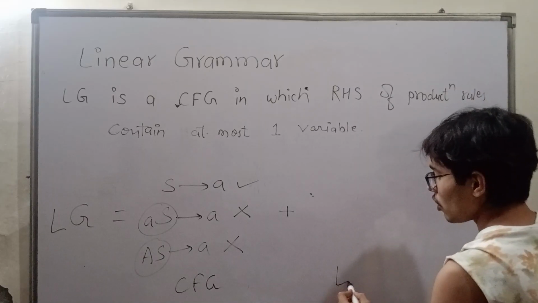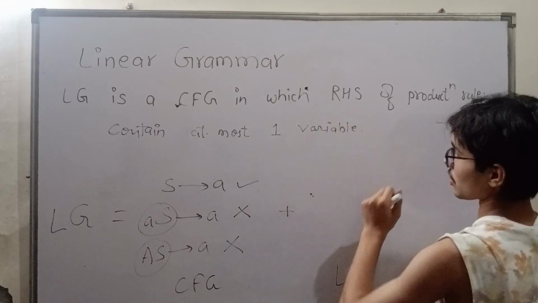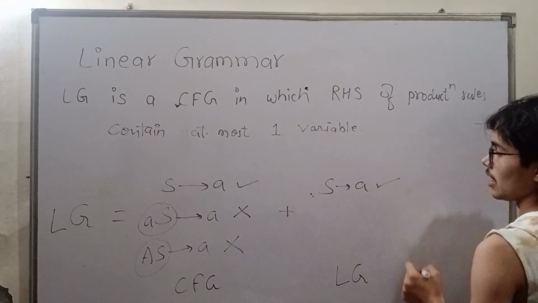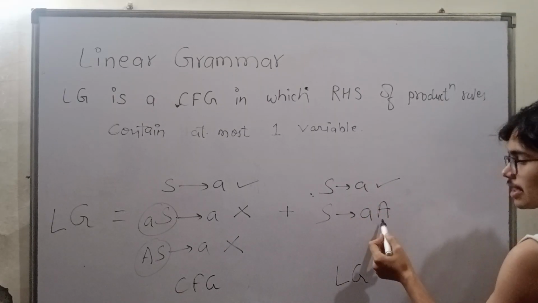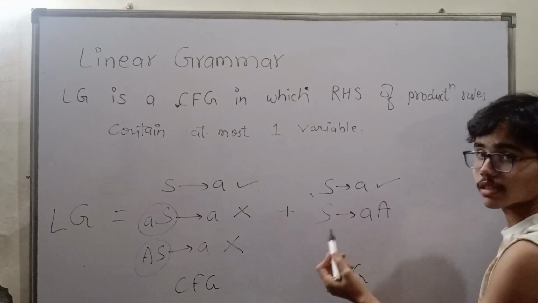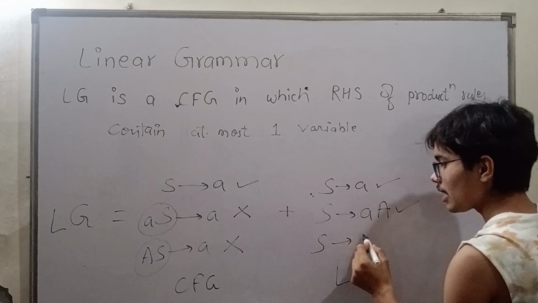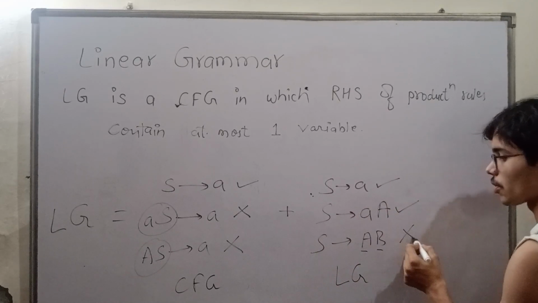What is the linear grammar restriction? S to A, this is right. Capital letters are variables. This is okay. But when you write two variables, this is not okay in linear grammar.